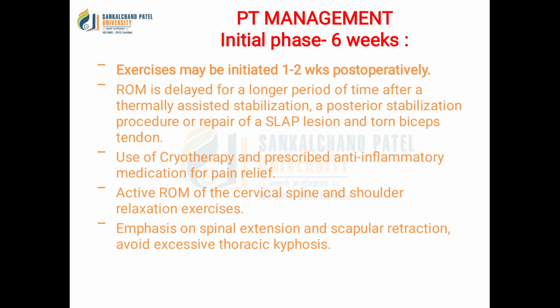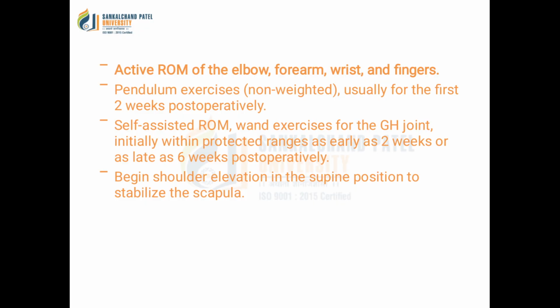Active range of motion exercises for the cervical spine and shoulder relaxation exercises can be begun. Emphasize spinal extension and scapular retraction to avoid excessive thoracic kyphosis. Active range of motion exercise for the elbow, forearm, wrist and fingers should be begun.